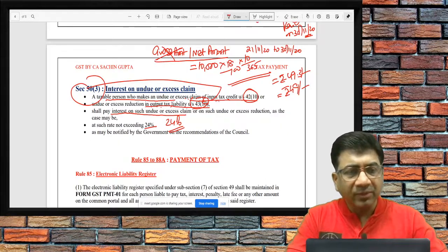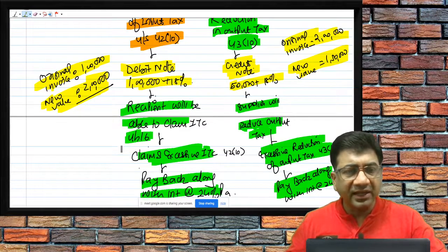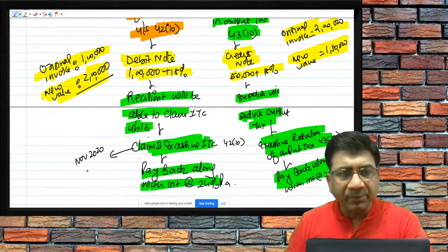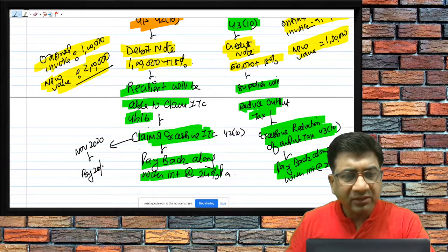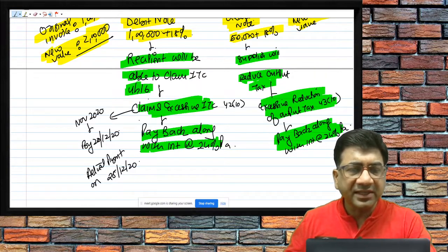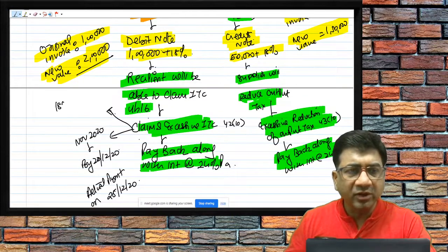So the contravention month's output tax will have the addition. This excessive claim was made for the month of November 2020, so it should be payable by 20th December 2020. But the actual payment you did on 28th December 2020. The excessive claim is: you should have claimed a credit of 18,000, but instead of 18,000 you claimed 50,000. This was due, this was actual.